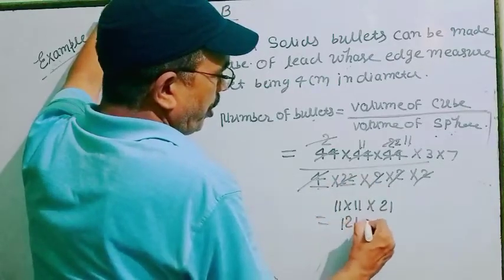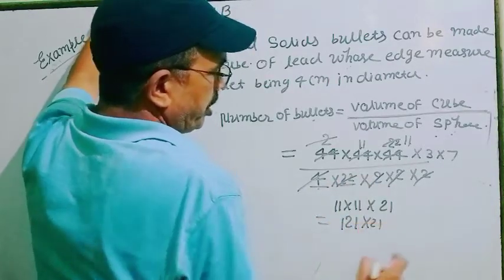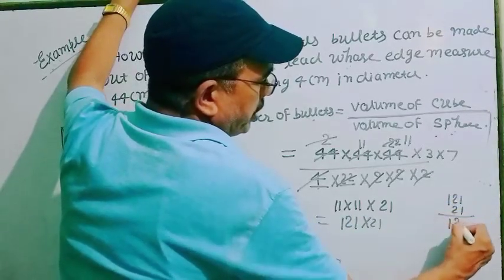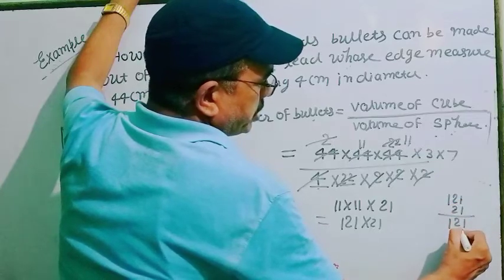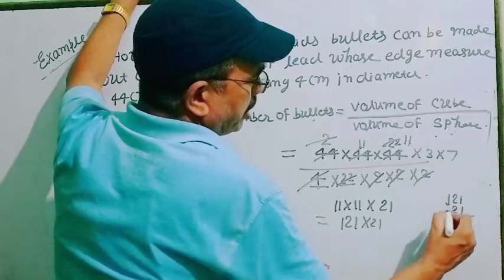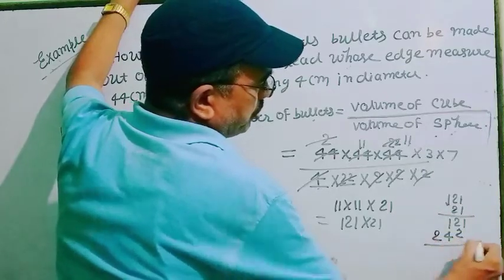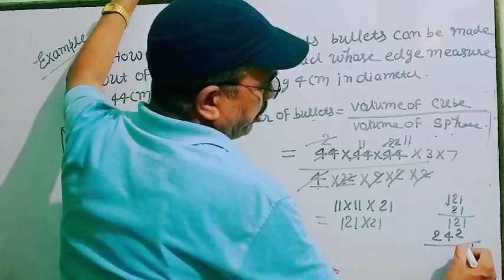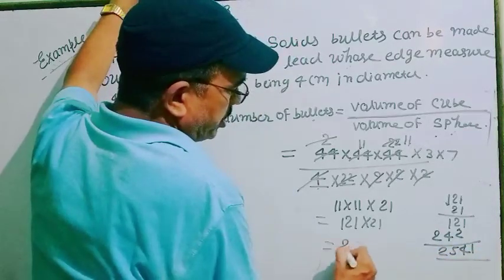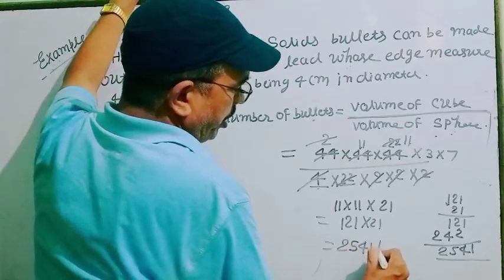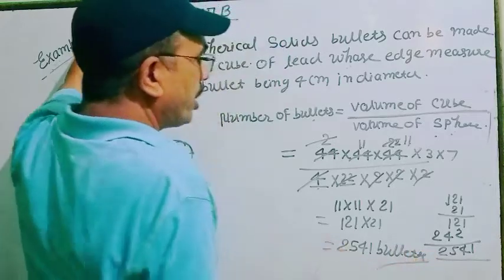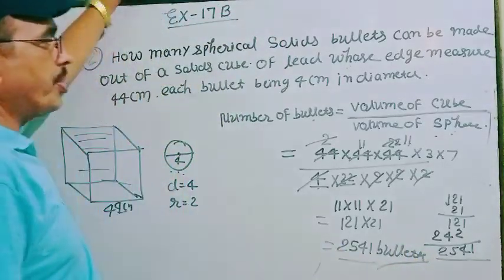So multiply 11 by 11, then by 21. Here is 1, 1, and it is 2, 4 and here is also 2. Then write 1, 4, 5, 2. So your answer is 2541 bullets. How many bullets? Then the answer is 2541 bullets.